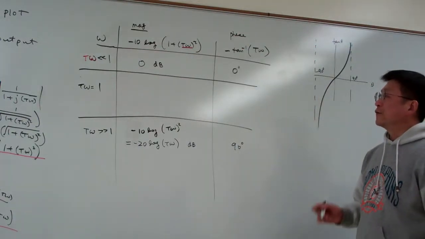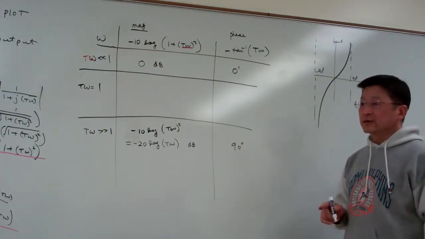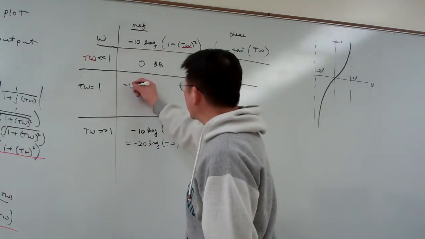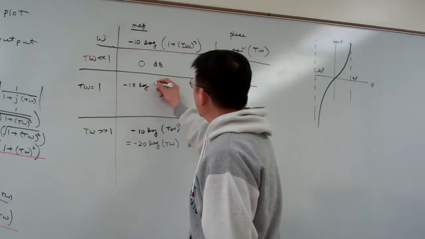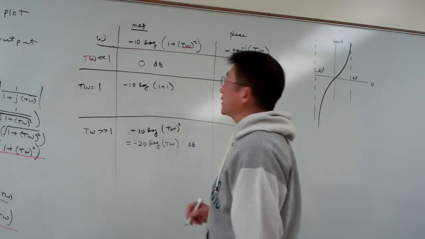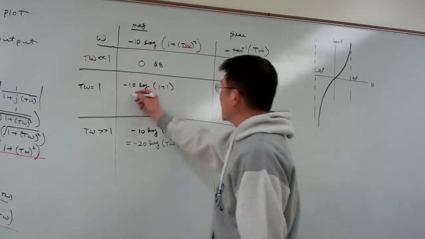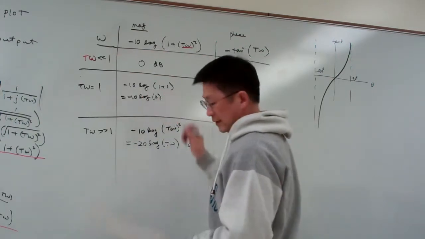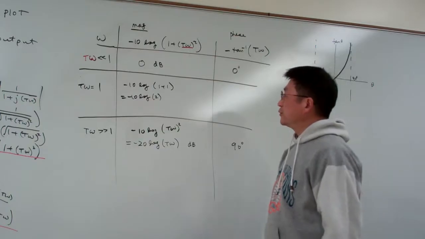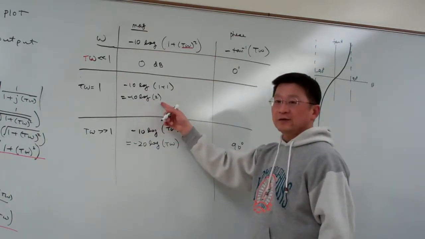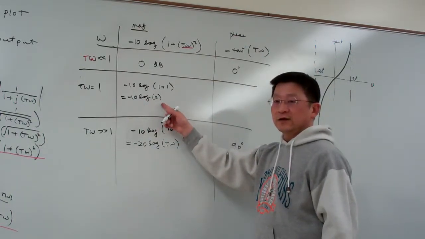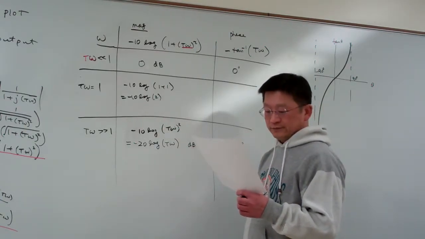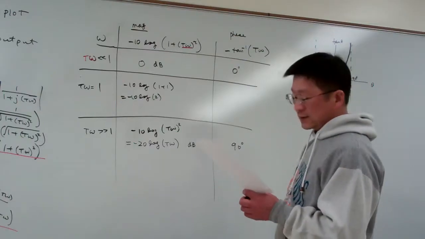Why? For that number, I can calculate here. That basically is 1 plus 1, so that means that is minus 10 log of 2. For log of 2, if you have a calculator, that is going to give us about 0.3. Let me double check.